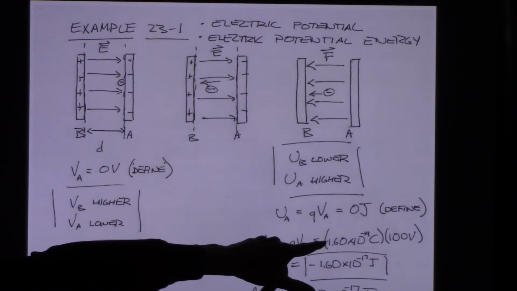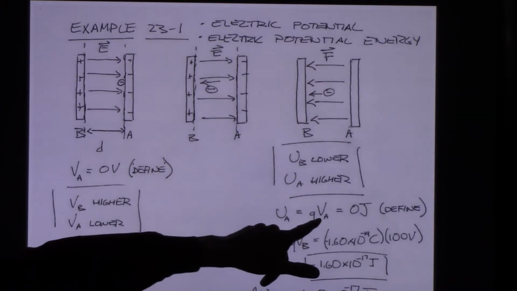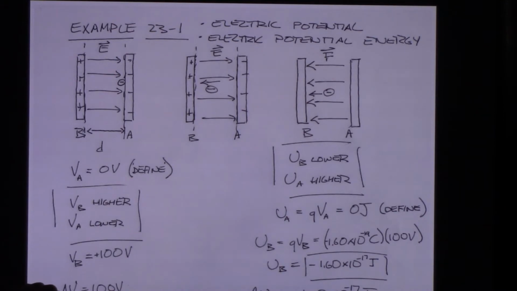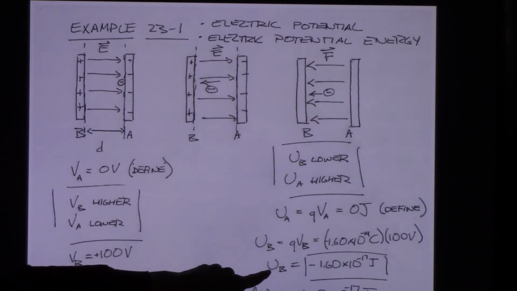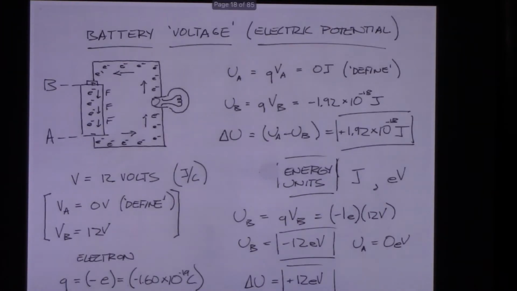I'm going to keep the minus sign in on that Q, and that says that if the potential difference is 100 volts positive, then the potential energy difference will be negative 160 times 10 to the minus 17 joules, and that's just a reminder of how potential energy will work for negative charges. The differences are going to be reversed.